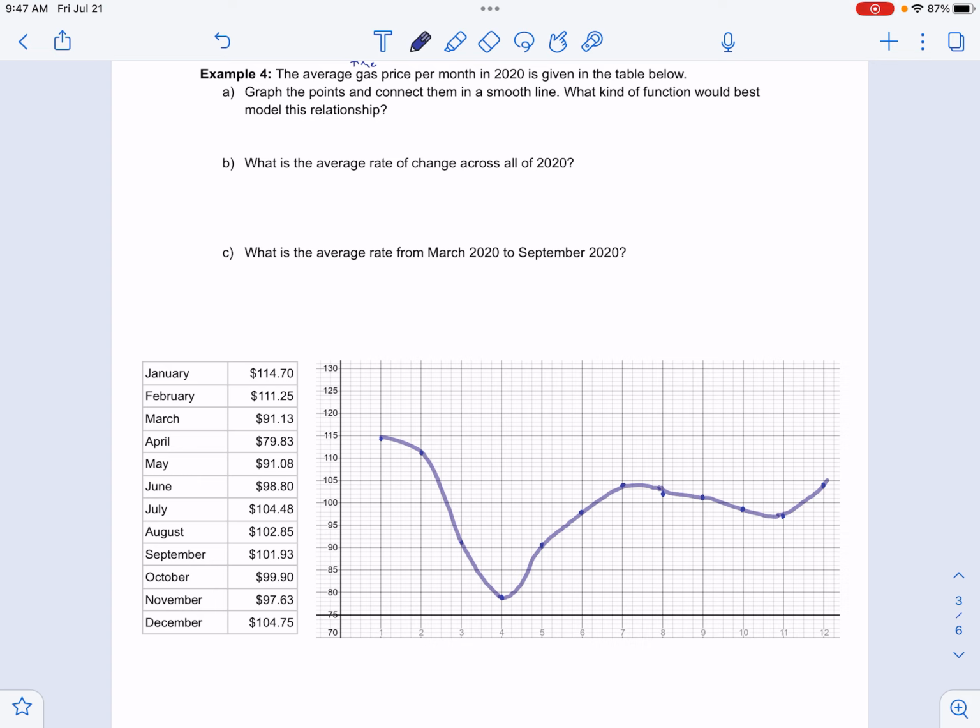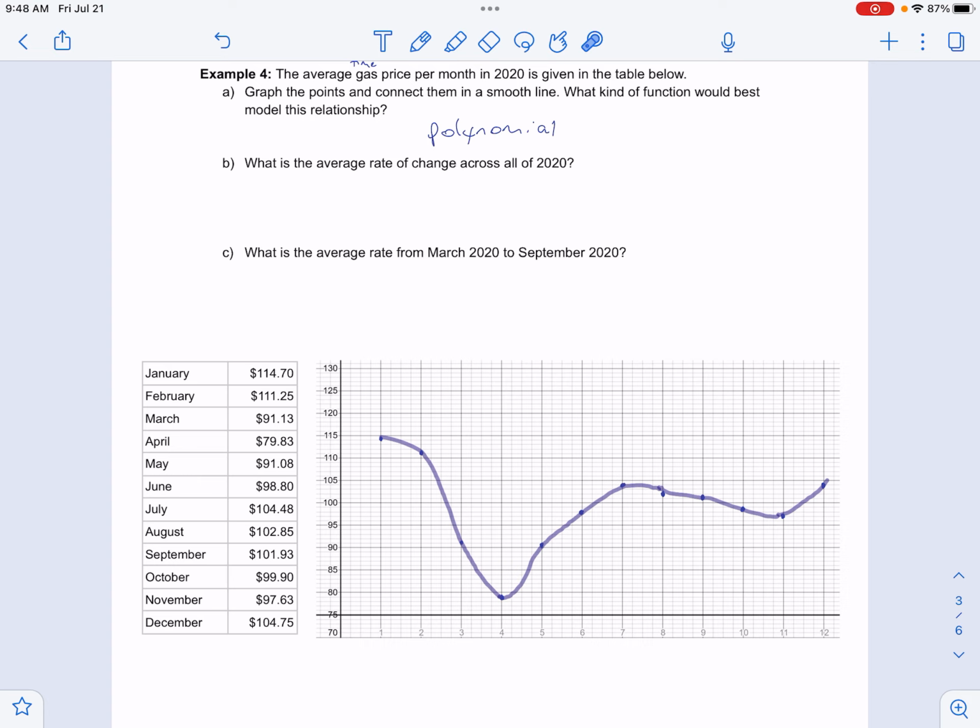Think about the different types of functions we've seen. We've seen rational, we've seen exponential, we've seen polynomial, we've seen trigonometric. I'm going to say that this is probably going to be a polynomial function. At the end of the day, there's no periodic behavior. It doesn't look like there's any kind of asymptotes or anything sort of shooting off. And the polynomial will be able to grasp that we've got these hills and valleys present here.